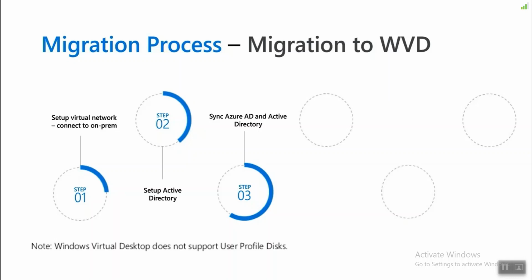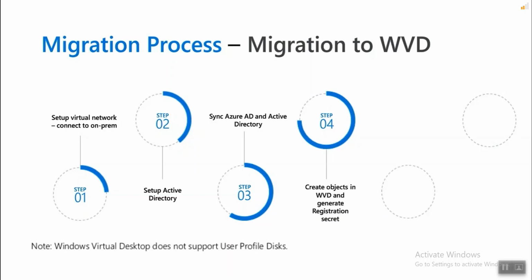Once this is done, you create objects in the Windows Virtual Desktop environment. You will be creating a tenant and a host pool. As part of the host pool creation, you're going to be generating a secret, which we call the registration token or registration secret.